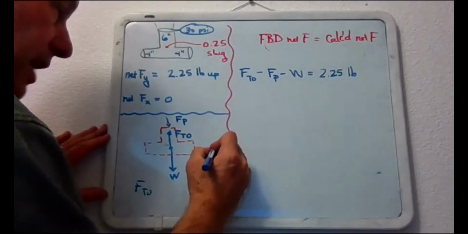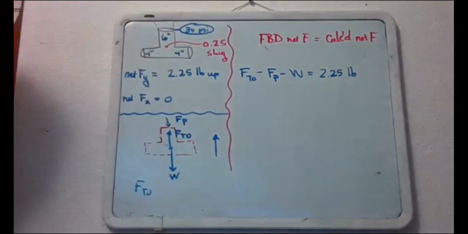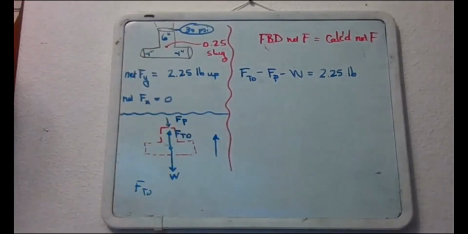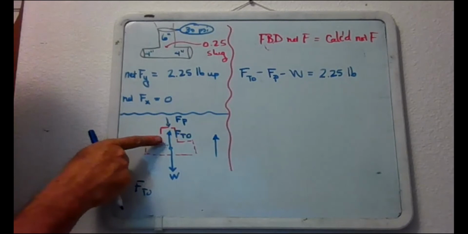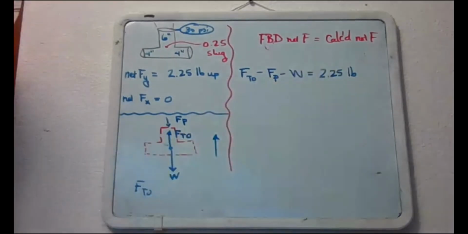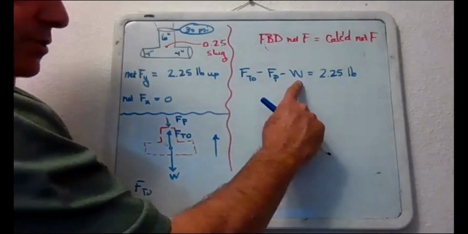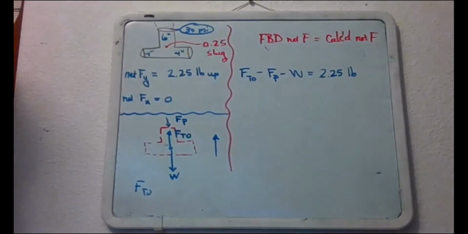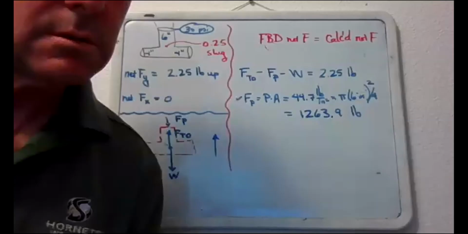I could put it over here to the side. That's not an actual force that acts on it, but in the net, all these forces push up. So the force of the T on the oil minus the pressure force minus the weight has to be equal to 2.25 pounds. And then I just need to figure out numbers for these 2 things and plug and chug and work that out. Do that yourself.